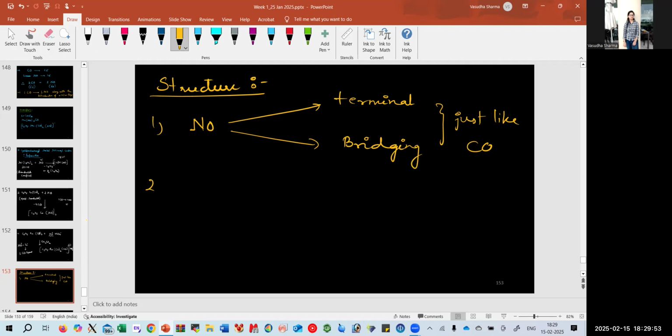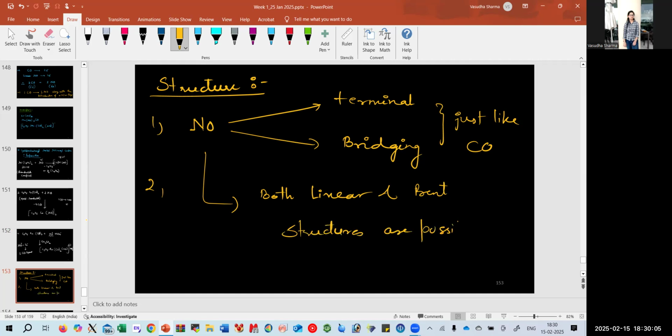So both linear as well as bent structures are possible. As I mentioned already, this ligand can easily bind in a linear fashion as well as a bent fashion, depending upon how many electrons it is going to provide to the metal or accept from the ligand. So you have to be very, very careful.